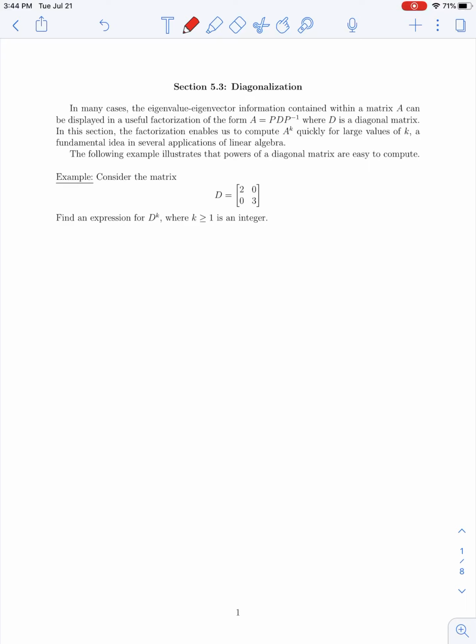And the idea is that for a majority of square matrices, the eigenvalue and eigenvector information about that matrix, let's call our matrix A, can be displayed in a useful factorization of the matrix A, which would have the form A is equal to P times D times P inverse, where D is a diagonal matrix and P is some invertible matrix, so that P inverse exists.